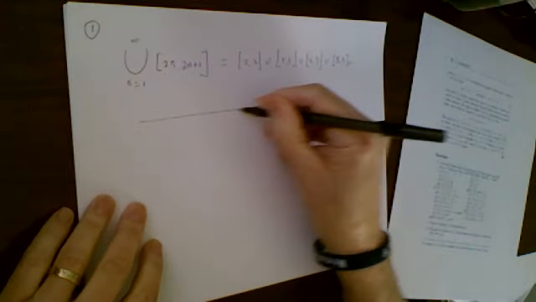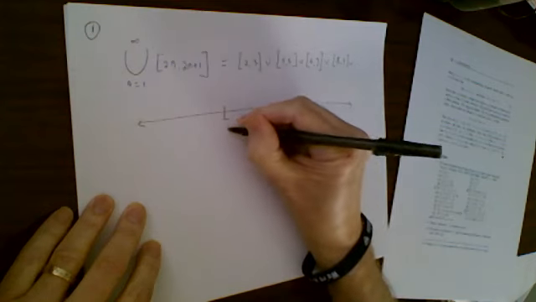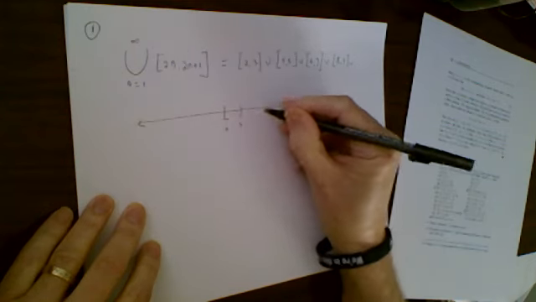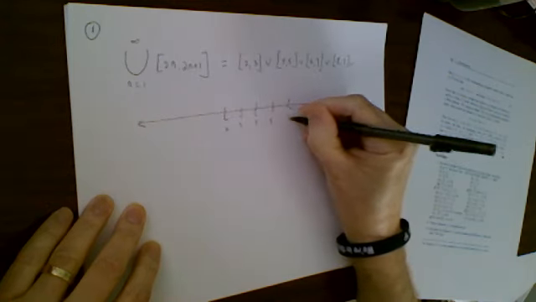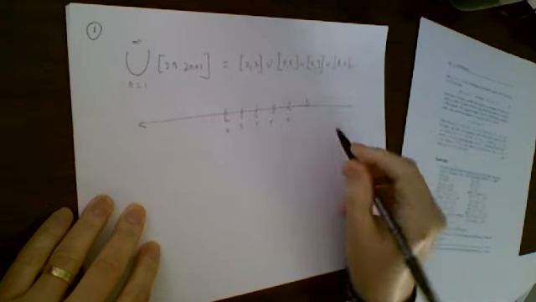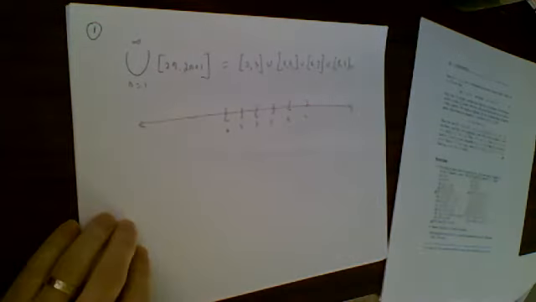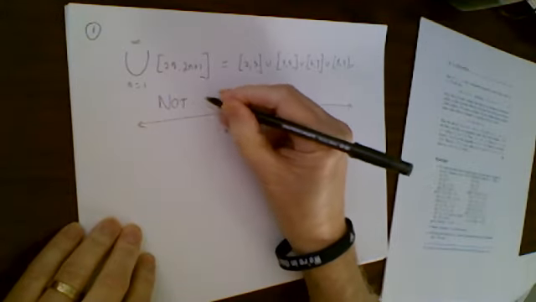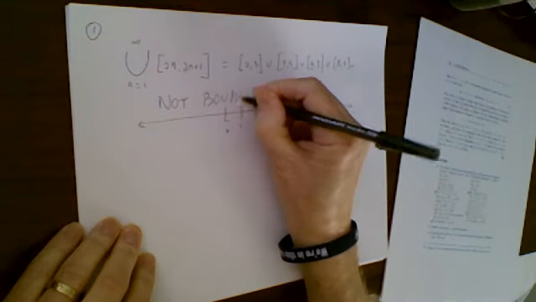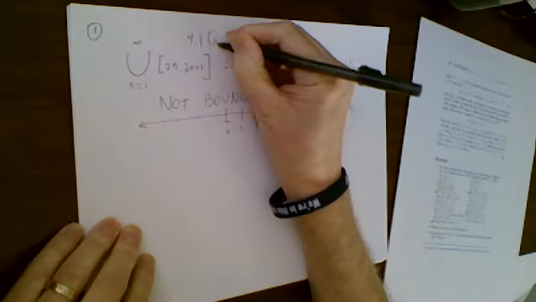So in other words, if you look at the real line, this set contains the interval from 2 to 3, the interval from 4 to 5, the interval from 6 to 7, etc. Notice this set is not bounded, so you can't find any upper bounds. So this one, not bounded. Again, this is problem 4.1H.